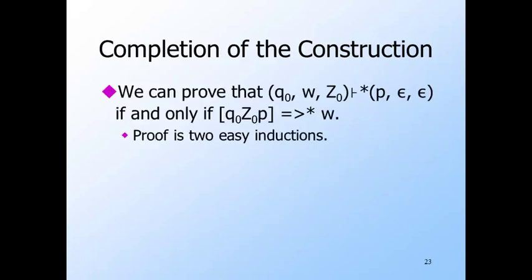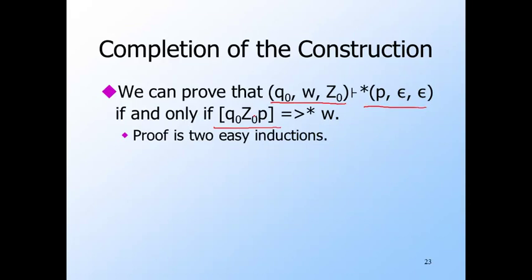With productions constructed in this manner, we can prove that P accepts W by empty stack. That is, the ID (q0, W, Z0) goes to (p, epsilon, epsilon) if and only if the variable [q0 Z0 p] derives W. We're not going to give the proof.